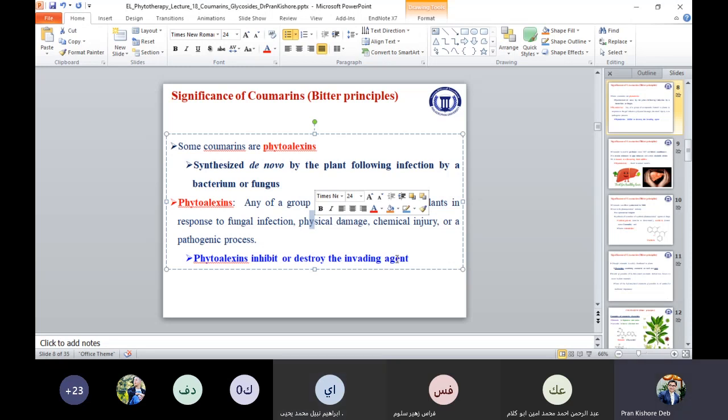Yes, answer me. What is the name of the first phytoalexin that was discovered? I'm giving you the clue. And in which plant was it discovered? I'm also giving you another clue. There is another phytoalexin we studied in previous chapters that can be used as a fish poison.